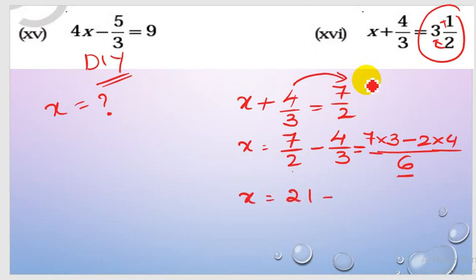Now x is equal to 7 3s are 21 minus 2 4s are 8, whole divided by 6. Now 21 minus 8 is nothing but 13. So 13 divided by 6. So the value of x is 13 divided by 6. So likewise you can solve any linear equation in one variable and find out that particular variable which is asked to find, right?